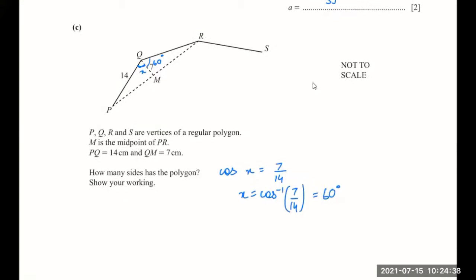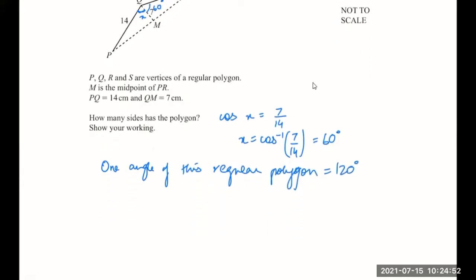So can I say that one angle of this regular polygon is 120 degrees? Now what's the formula for one angle of a regular polygon? Can I say that it's (n minus 2) into 180 divided by n? This should be equal to 120.